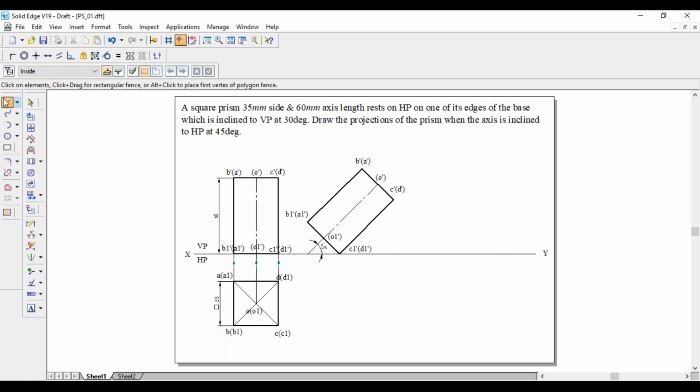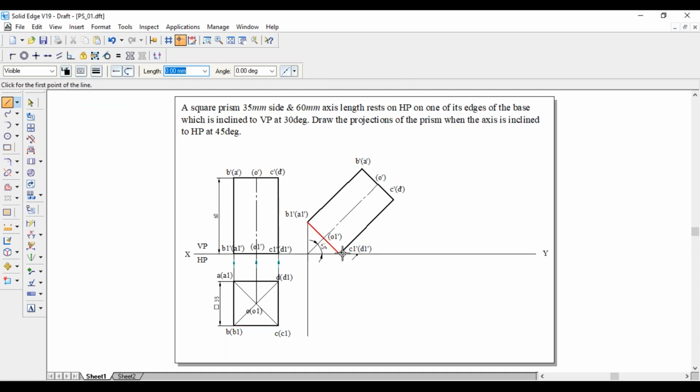Now project the points in downward direction. So B1A1 is here till this one, till this one. Afterwards, I will mark the O1.